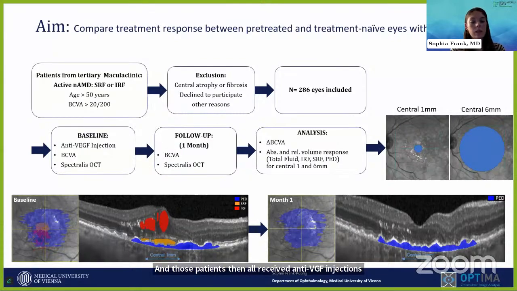Also, BCVA testing was performed and OCT imaging was acquired. After 1 month, all patients came back and received again BCVA testing and OCT imaging. And lastly, we looked at the difference in BCVA and the absolute and relative fluid response rates within the central 1 and 6 millimeter areas of the OCT.